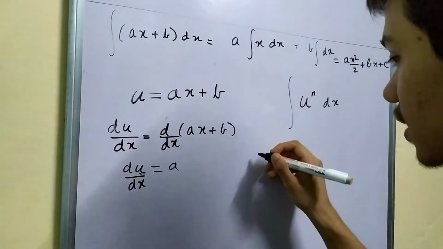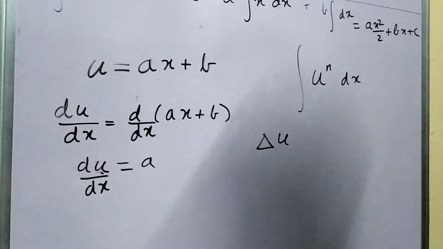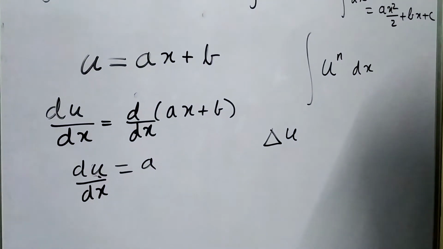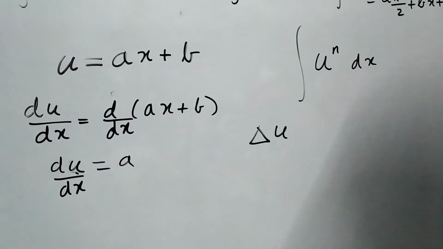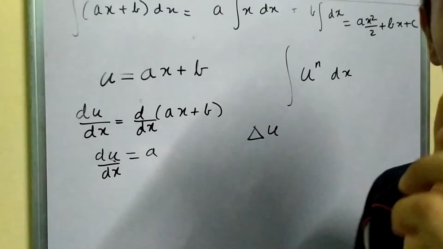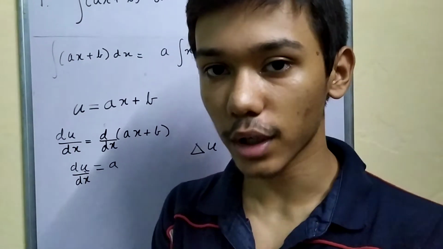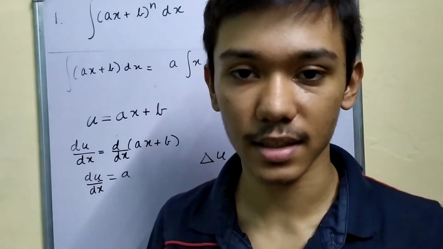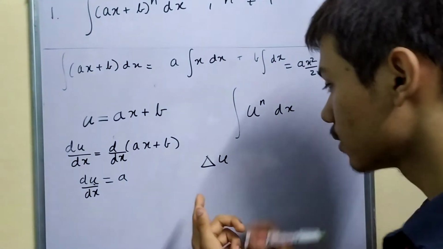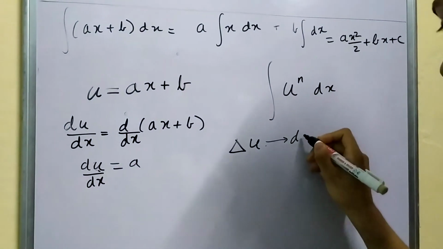Changes in some variable, let us say u, are represented by delta u. Delta means a change in u. But if your change is infinitesimally small, we have discussed the concept of infinitesimals before, very small but not zero in a sense, then this becomes du.